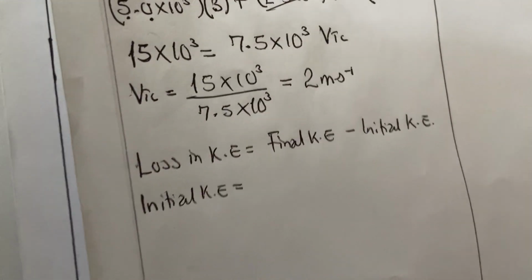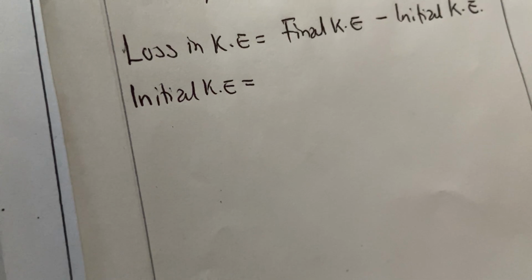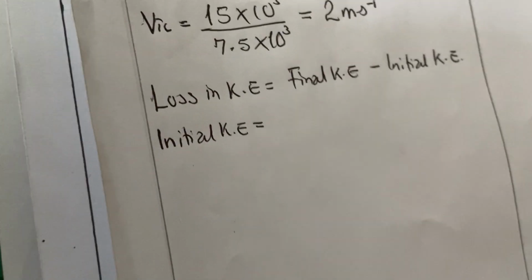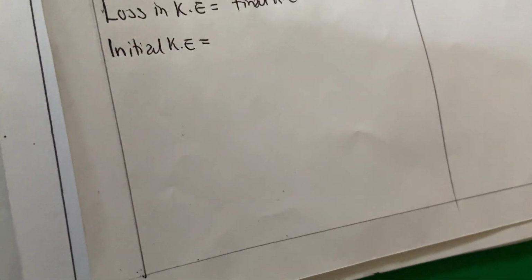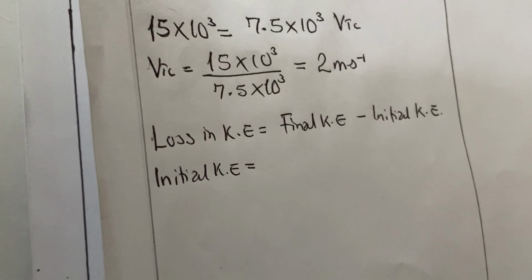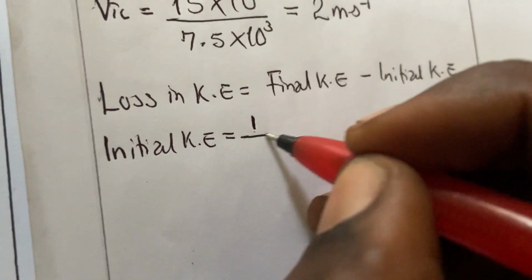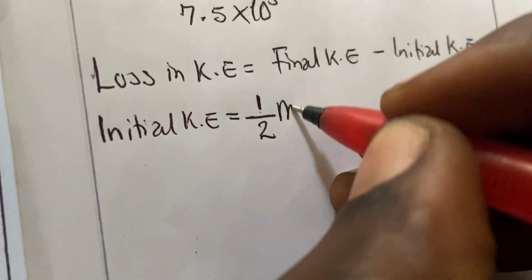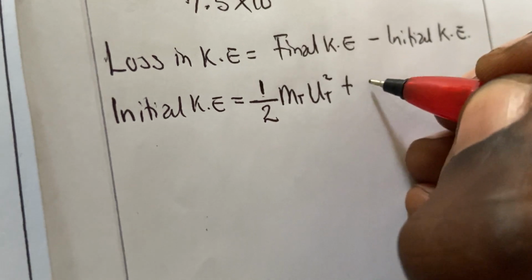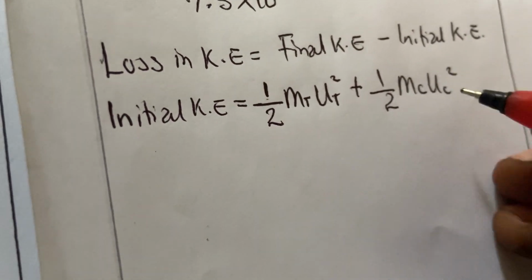Let's save time. We already know that there are two masses and two initial velocities. One of them is actually zero, because the car was at rest. So I'm not going to introduce it into the formula. Or better still, let me just introduce it: that is half MT UT square plus half MC UC square.